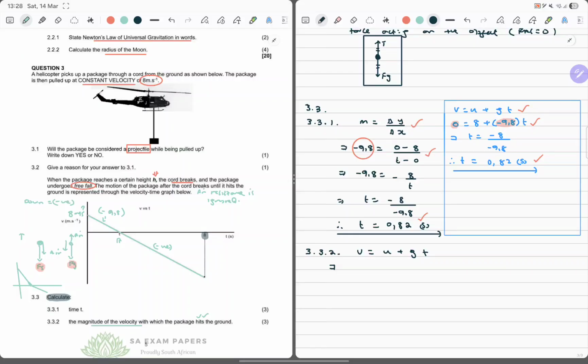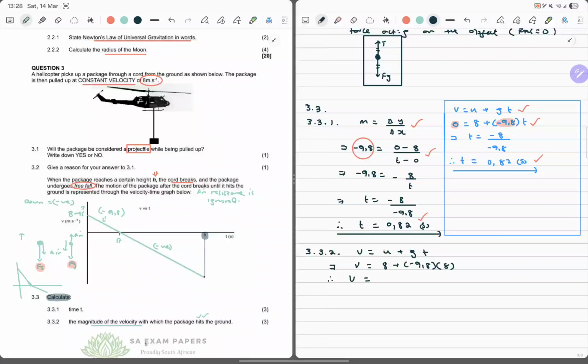By the way, you copied them where it's not even necessary to copy them. But yeah, whatever. This one is going to be 8 plus minus 9,8. We saw that that is 8 seconds. Therefore, V is, let's see, 8 plus minus 9,8 times 8.